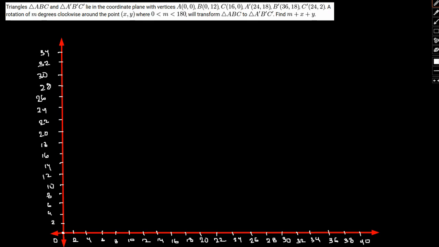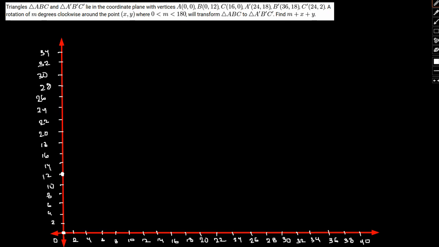Let's simply try and draw the triangle itself. So we have point A at 0, 0. Point B is at 0, 12, so point B is this one.